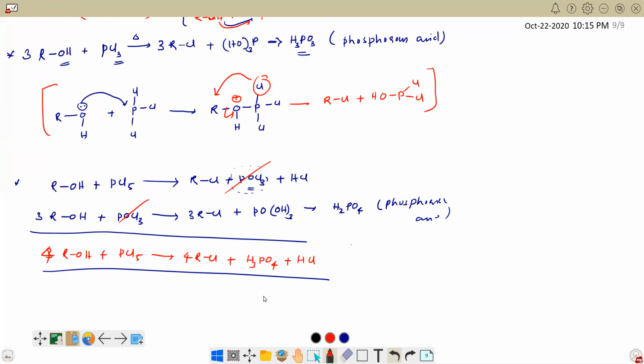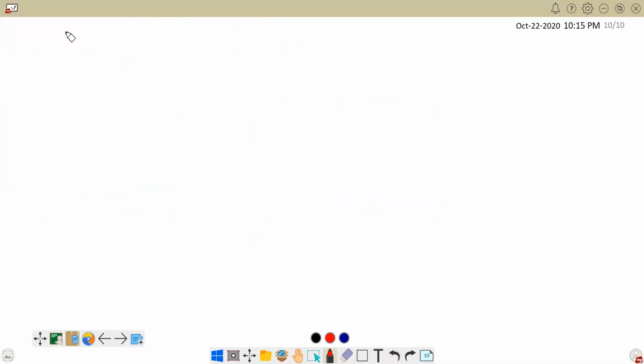Understood? But you write down a note. What is the note here? PBr3 and PI3 are unstable.